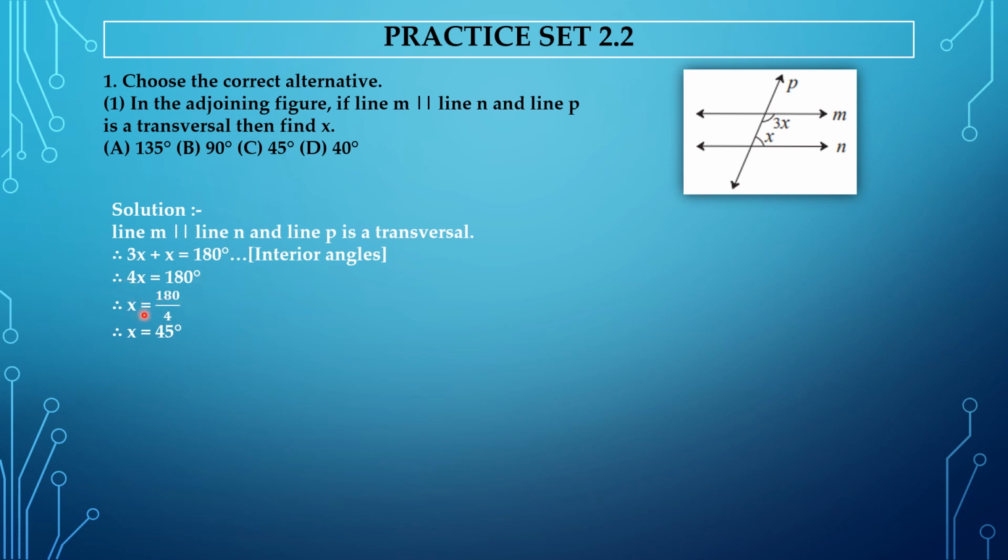So x equals 180 upon 4. Doing the division, 4 ones are 4, then 4 fours are 16, 2 remaining, so 20, and 4 fives are 20. So you get x equal to 45 degrees. So you'll tick option C as the right answer.